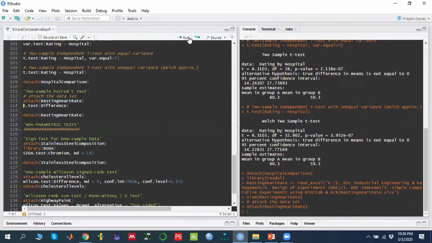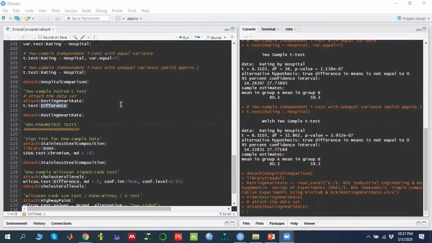Okay, and then we can attach this data set. Right now, in order to apply the two sample paired t-test, I'm using only the simple t-test. As you have seen, we can apply the two sample independent t-test on a difference data. How did I compute that difference?